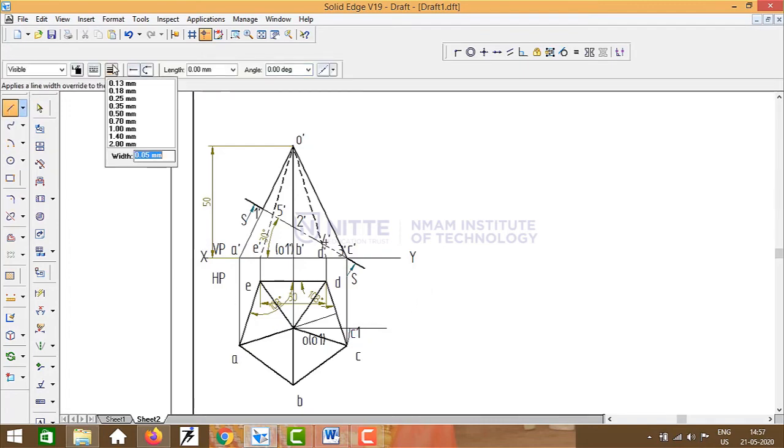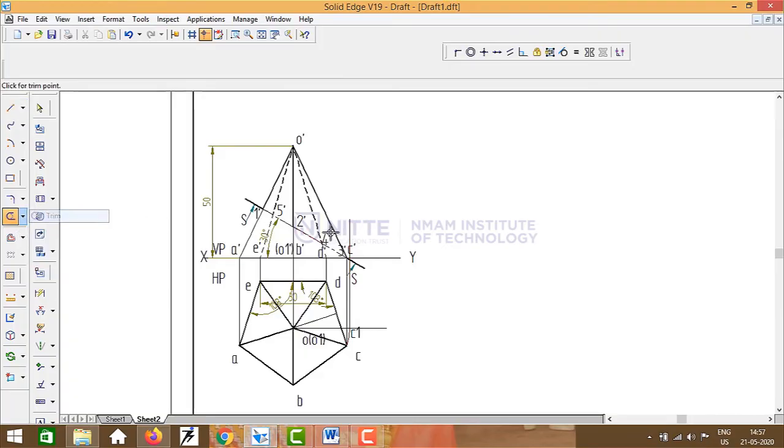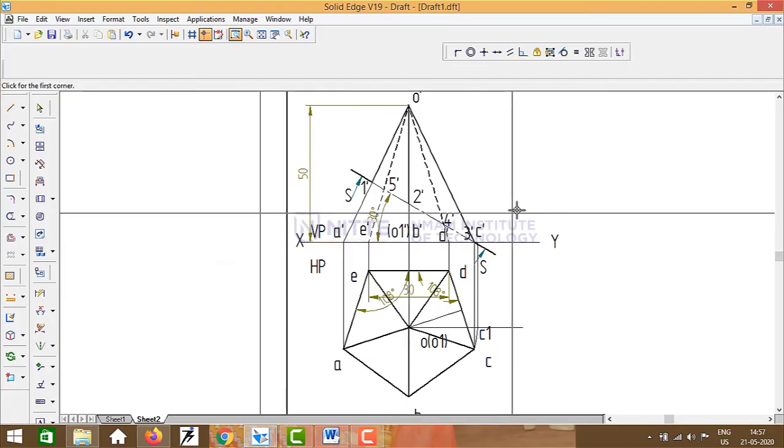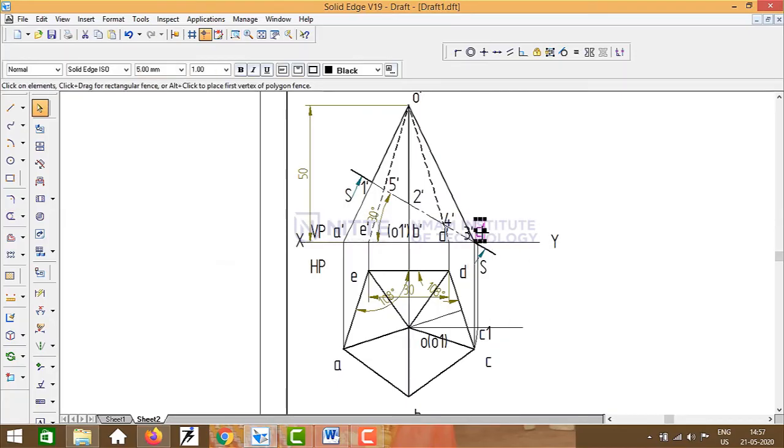Project this point C1 with a construction line vertically up to the locus of C dash. Draw it vertically first, then I will trim it. So this point will be C1 dash. Okay, so C dash is already here. Now this point will be C1 dash. Name it C1 dash.